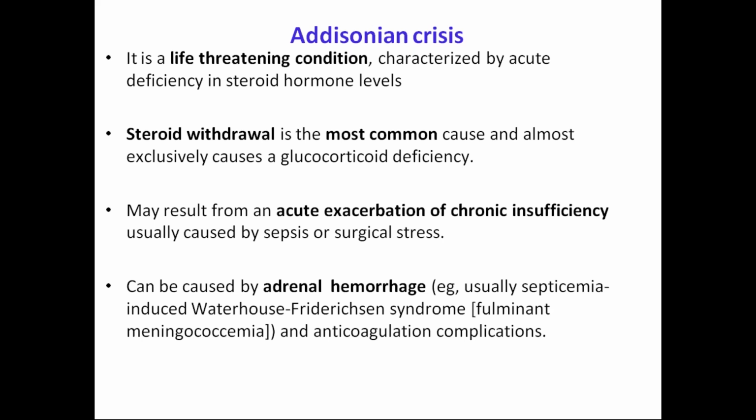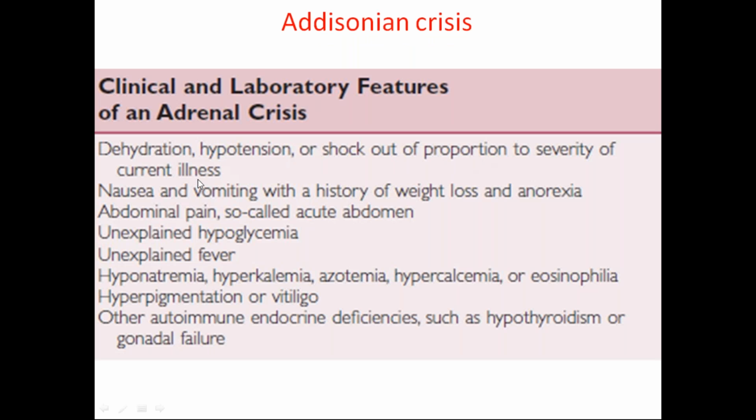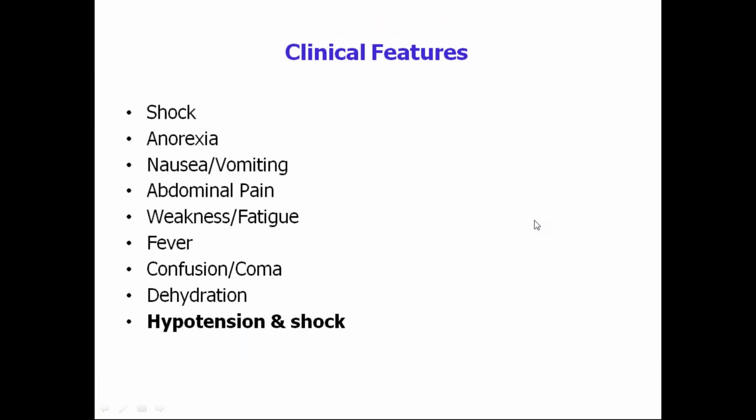So what are the features of adrenal crisis? Dehydration, hypotension, shock out of proportion to the severity of current illness, nausea and vomiting, abdominal pain, the so-called acute abdomen. The patient may present as acute abdomen. Unexplained hypoglycemia, unexplained fever, hyponatremia, hyperkalemia, azotemia, hyperpigmentation or vitiligo, other autoimmune endocrine deficiencies such as hypothyroidism and gonadal failure.